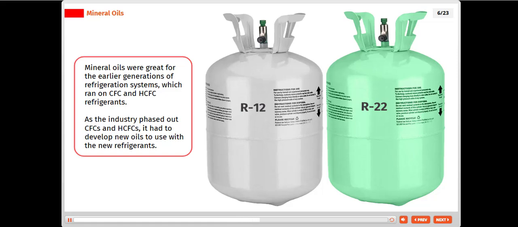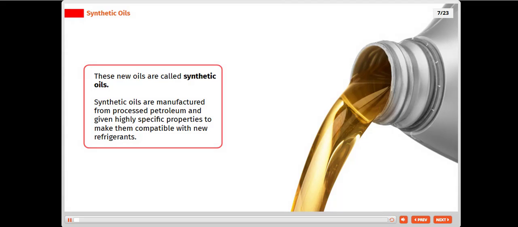As the industry phased out CFCs and HCFCs, it had to develop new oils to use with the new refrigerants. These new oils are called synthetic oils. Synthetic oils are manufactured from processed petroleum and given highly specific properties to make them compatible with new refrigerants.